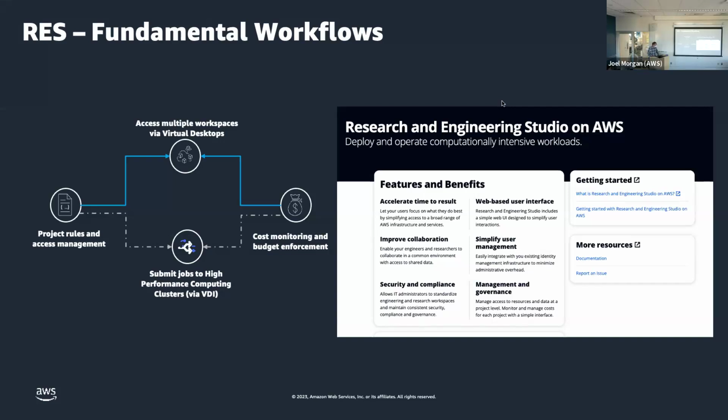So this is kind of the splash page, what it looks like. Accessing multiple workspaces via virtual desktops. You can submit jobs to high performance computing clusters via the VDI. While you may have some persistent machines that are always up, you probably don't want your high performance compute cluster up all the time.